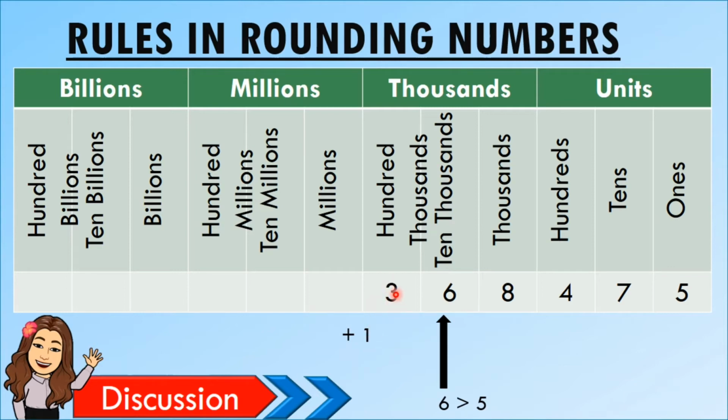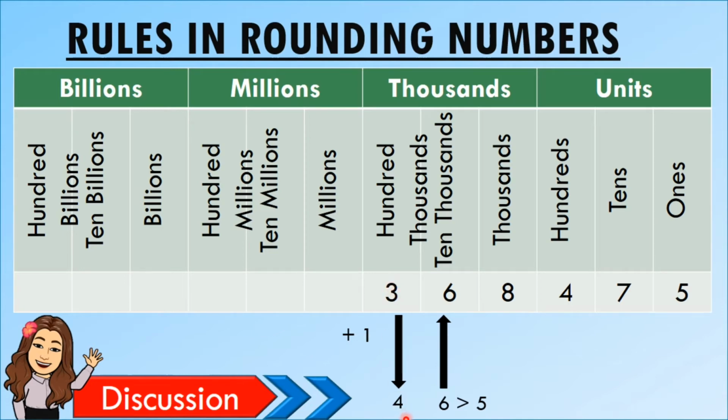So digit 3 will become 4. On the other hand, if this digit is less than 5, digit 3 will remain. But since digit 6 is greater than 5, you have to add 1, and this will become 4.